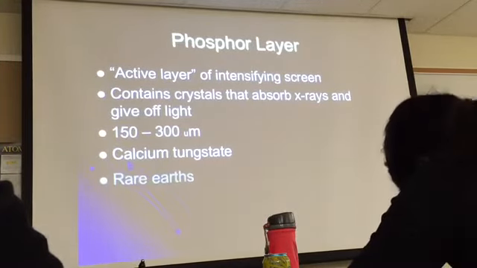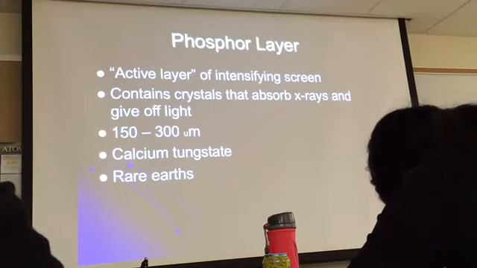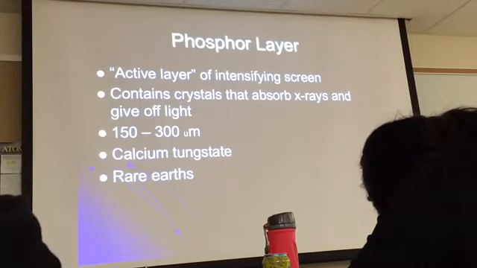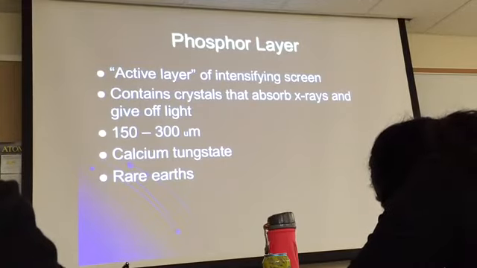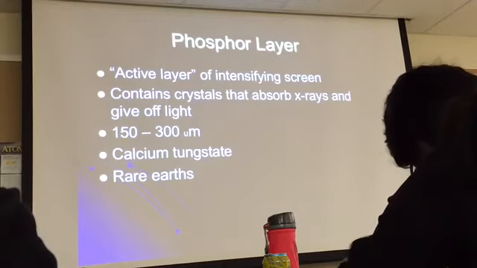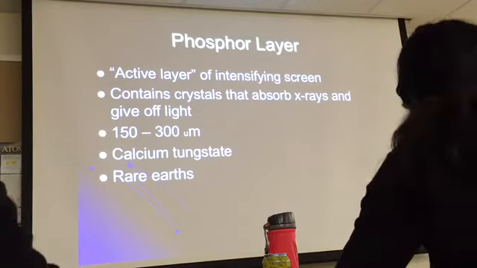And then later, probably around the late 70s, 72, 73, is when rare earths really showed up. This was a big revolution when it came to screens, because from that point on, even extremities were done with rare earth screens.